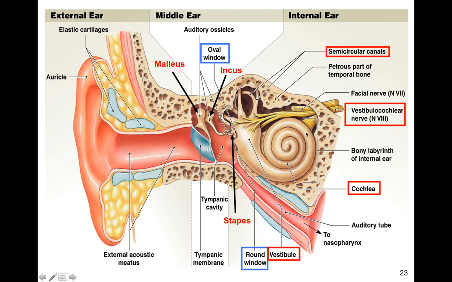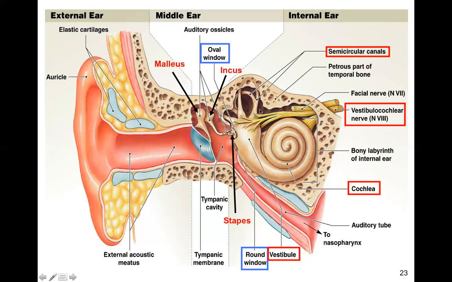Then the vibration and the oscillatory movement of those hairs inside the cochlea in the organ of Corti stimulates the cochlear nerve. Now together, these two make up the vestibulocochlear nerve, but this portion specifically going to the cochlea is the cochlear portion of the vestibulocochlear nerve.